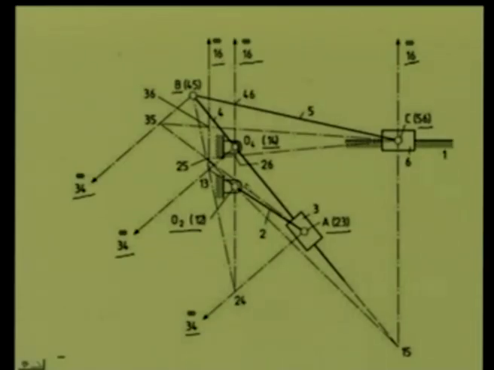Following the procedure we just discussed, we locate all the rest of the relative instantaneous centers like 1 3, 2 4, 1 5, 4 6, 3 5, 3 6, 2 5 and 2 6. After obtaining all the relative instantaneous centers, we are in a position to carry out the velocity analysis of this mechanism.